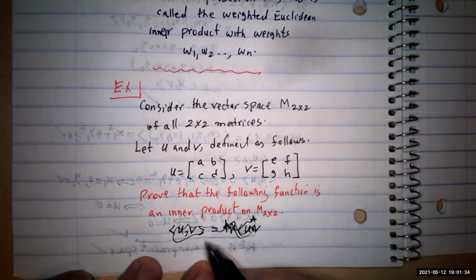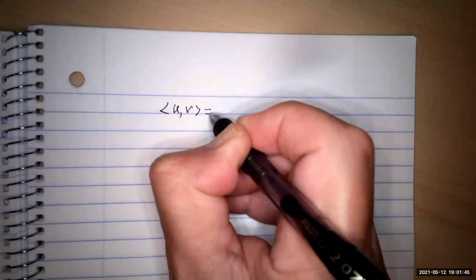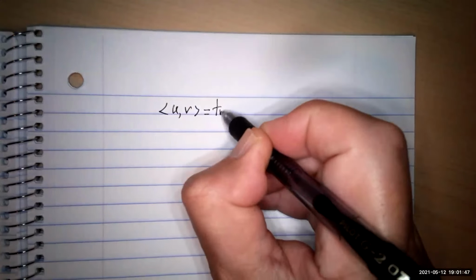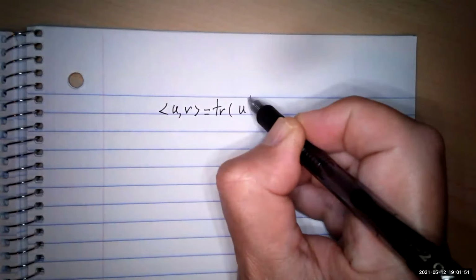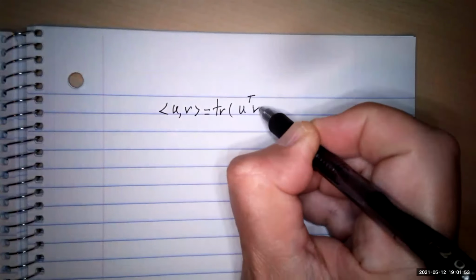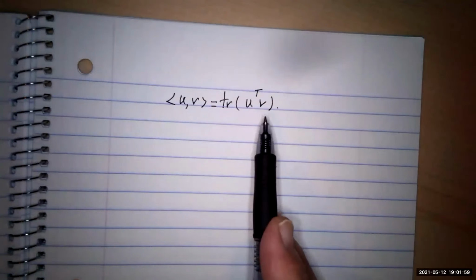Let me go to the next page and explain it for you. We defined the inner product to be equal to the trace of U transpose times V, or the other way around. Now let's see what it means. They are going to be matrices.